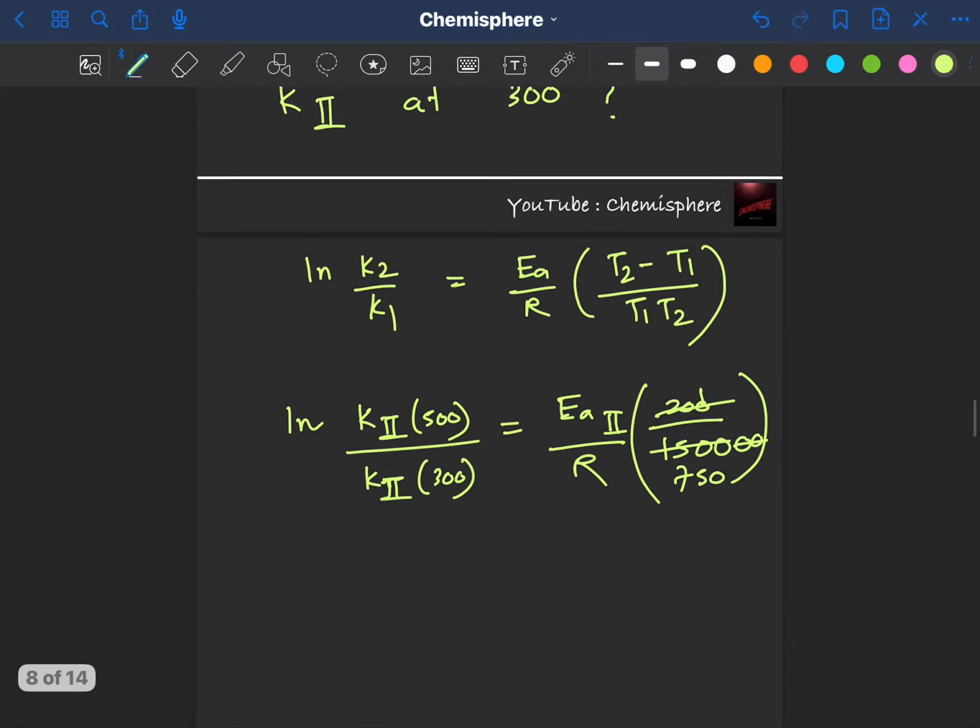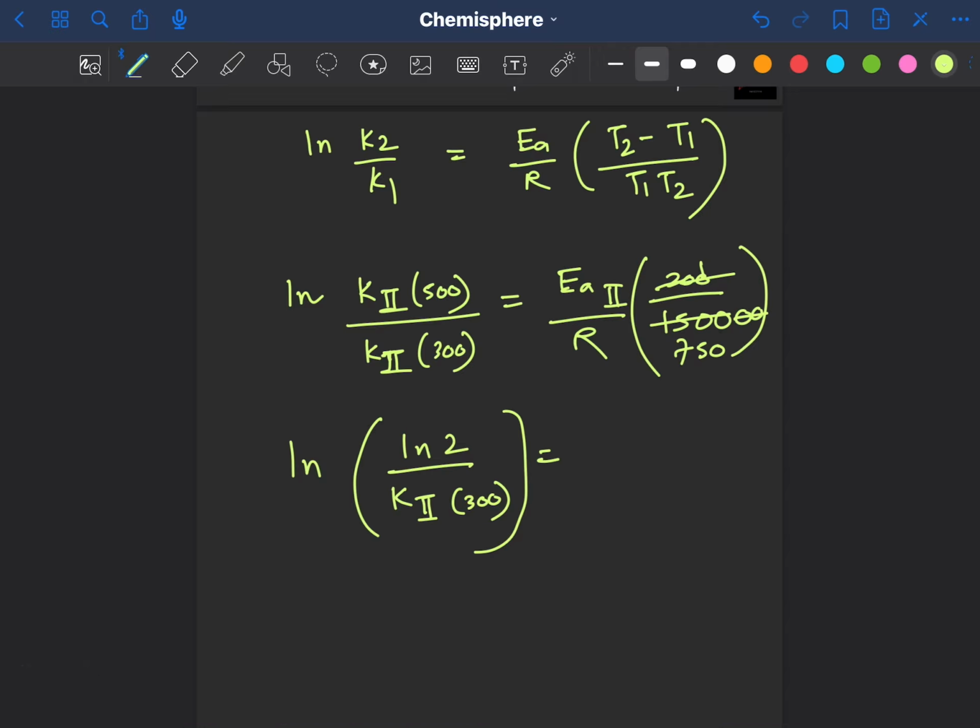This is what we are supposed to calculate, right? This is our aim. We also know the value of EA2, which is equal to 375 R ln2. So we'll substitute the value there: 375 R ln2 divided by R, and we have 1 by 750.